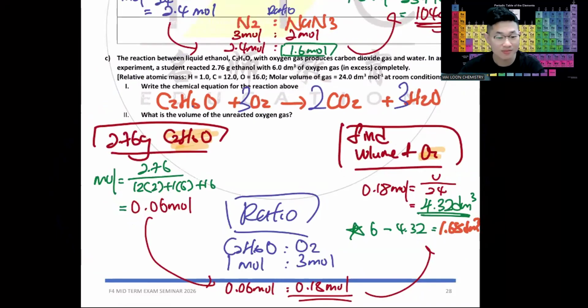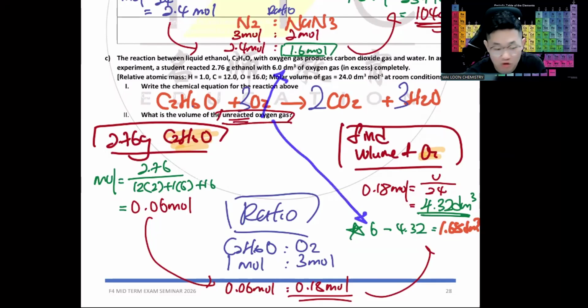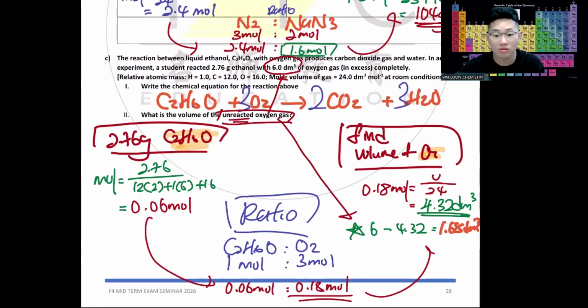So the way of doing unreacted question is, first, you ignore the value given. Unreacted means you ignore the value given at first, and then only use it to minus the amount you found to get unreacted. Must ignore first. Don't use the value first for unreacted question because that one is fake value.